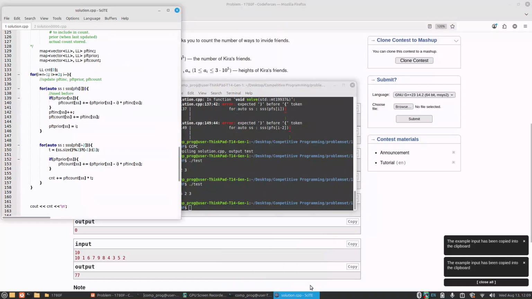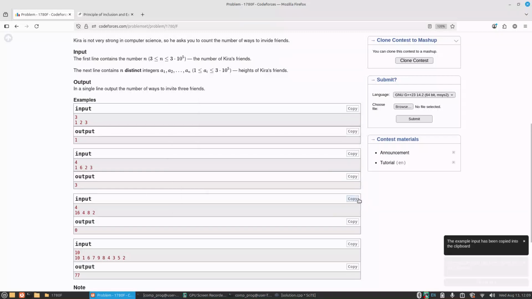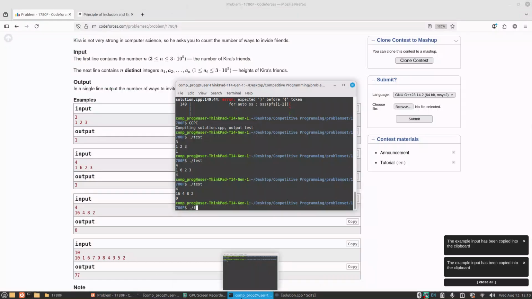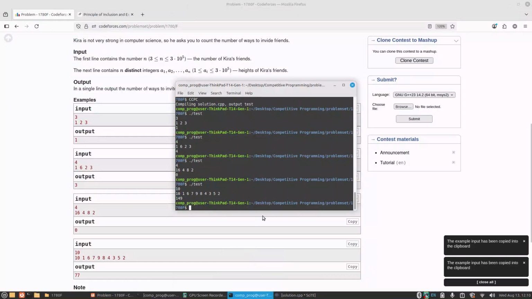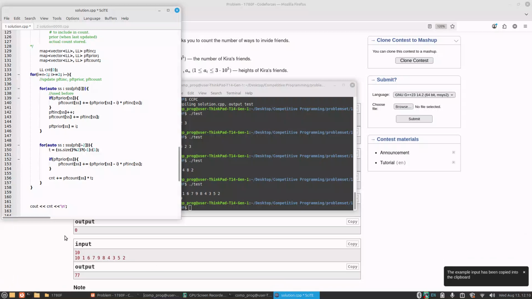How about this? Nope. And how about this? That works nicely. And how about... Yes, I'm probably subtracting something wrong.